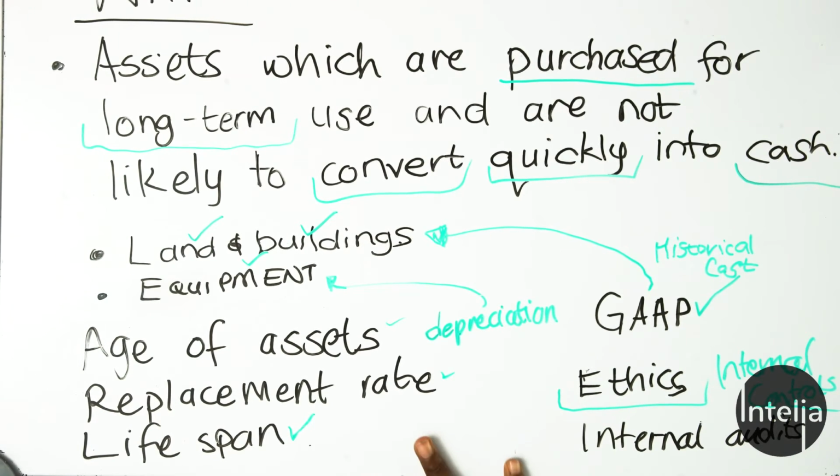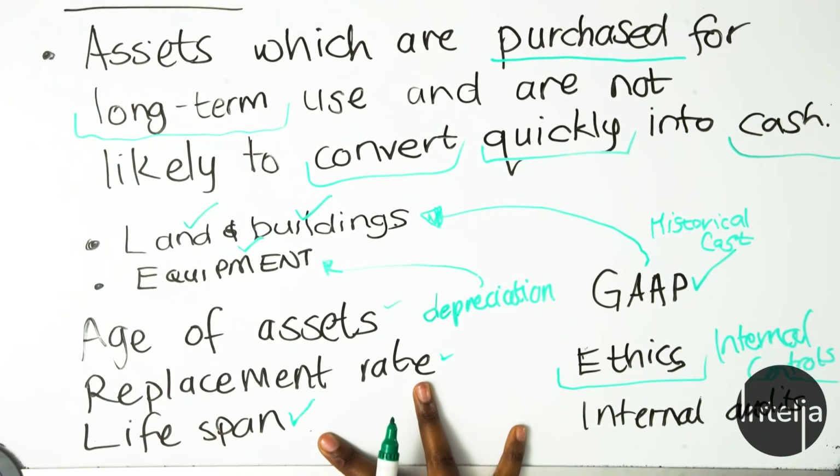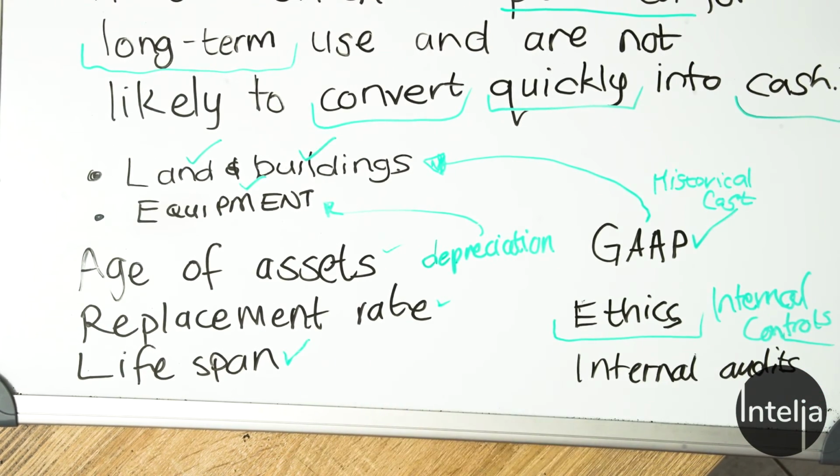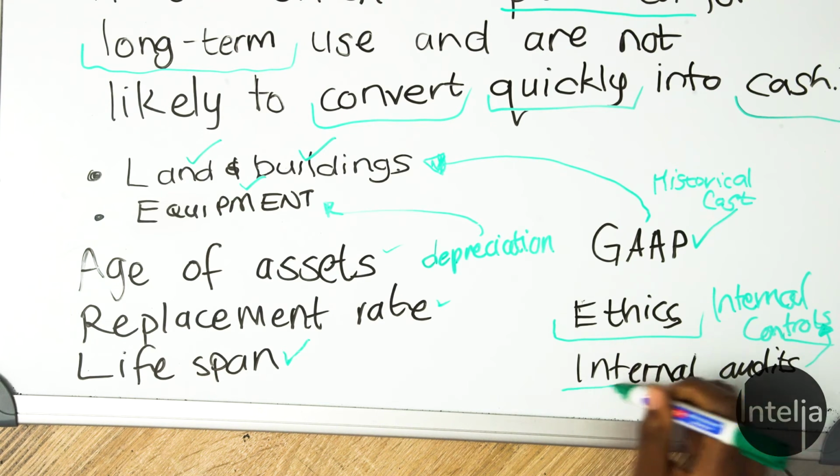And then you'll have internal audits as well, which check the internal controls that govern or operate around fixed assets. This is basically the overview of how fixed assets are presented, what they look like, and how they are dealt with in the accounting realm.